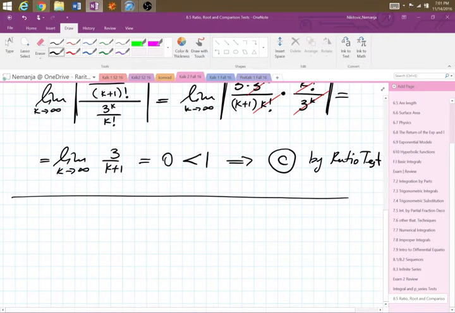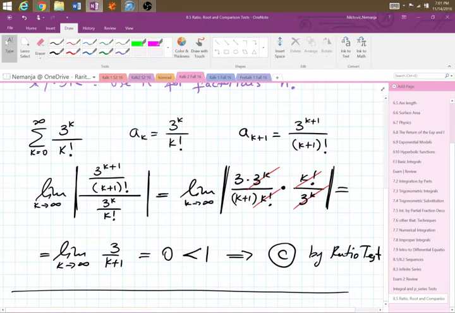Let's take a look at another example. Yes? In terms of the growth rate though, you have faster over slower, right? Faster over slower would always, yeah, but that works only for divergence tests. In this case over here, you have slower over faster, because factorial is faster than exponential.